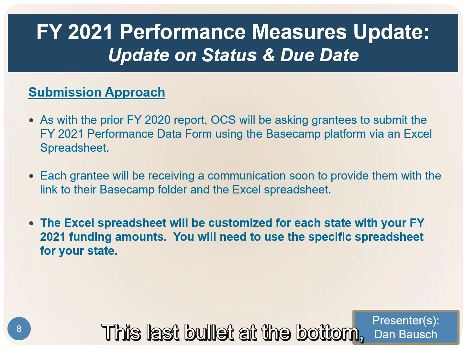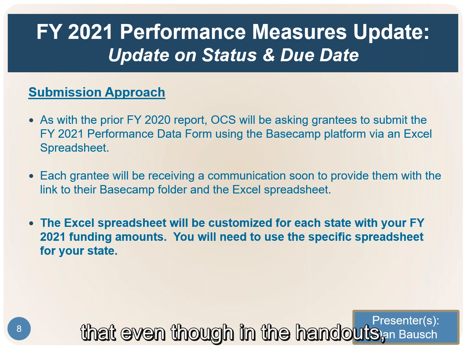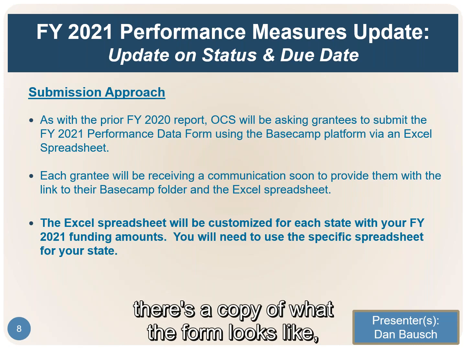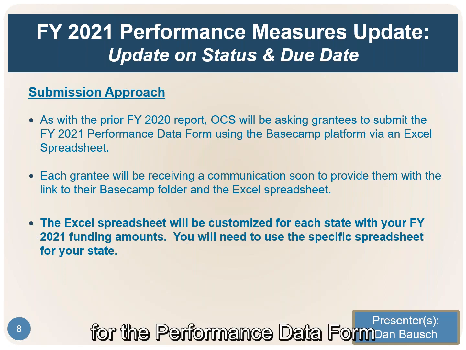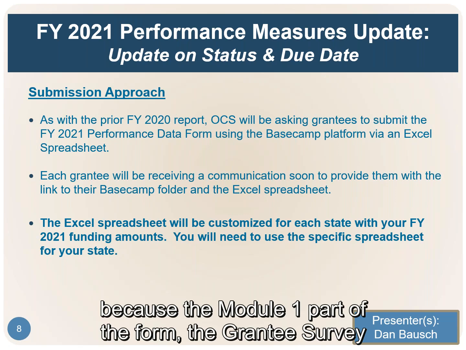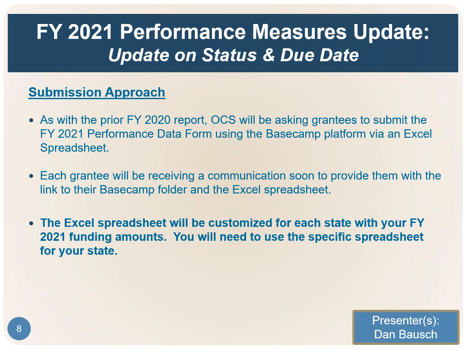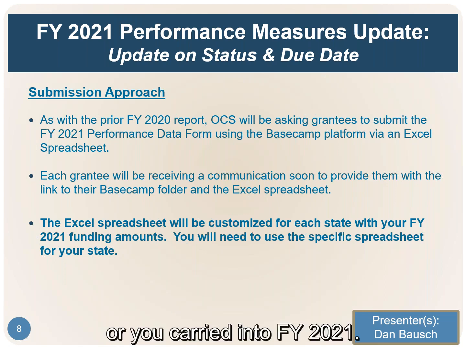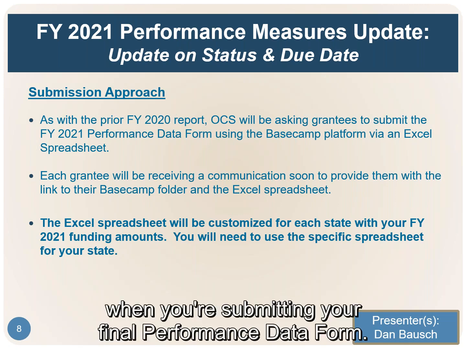This last bullet at the bottom, we want to just emphasize for you that even though in the handouts there's a copy of what the form looks like, each state receives their own customized spreadsheet for the performance data form because the Module 1 part of the form, the grantee survey, includes your funding amounts that you received for FY 2021 or you carried into FY 2021. So you're going to want to use that specific customized spreadsheet when you're submitting your final performance data form.